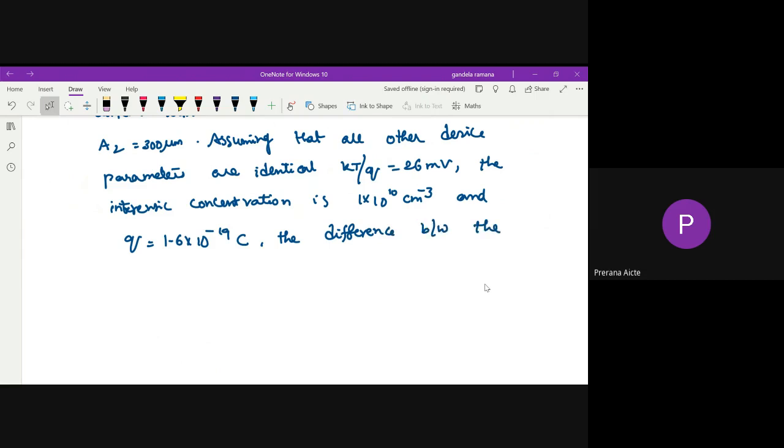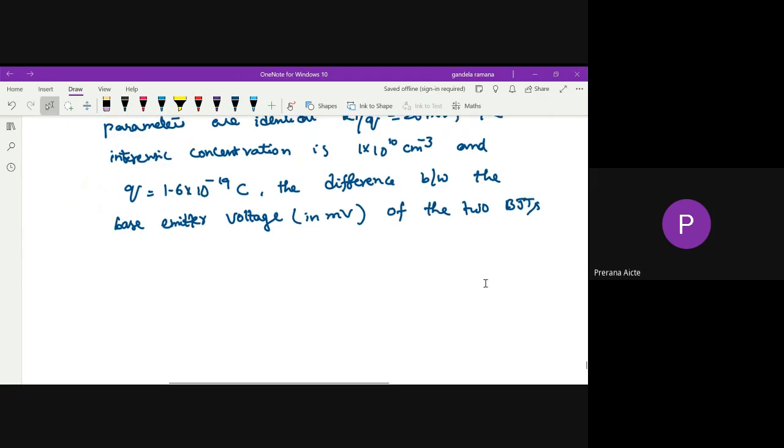The difference between the base emitter voltage in millivolts of the two BJTs, that is VBE1 minus VBE2, is what?